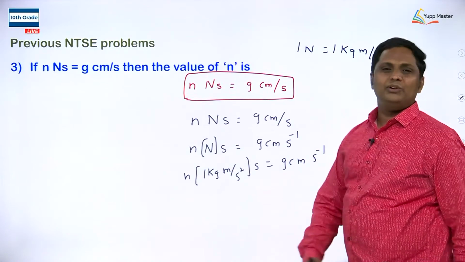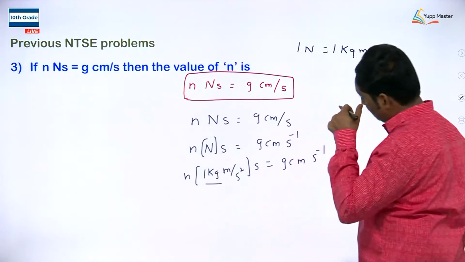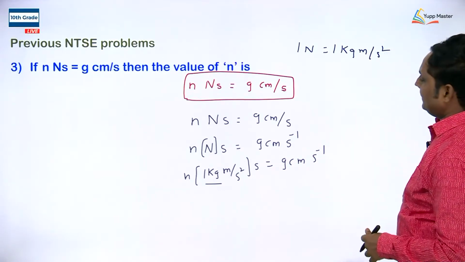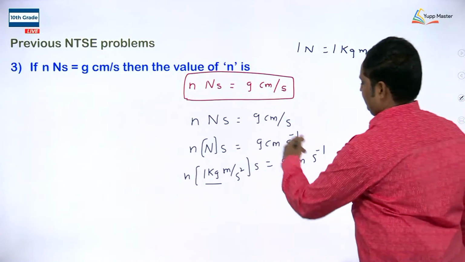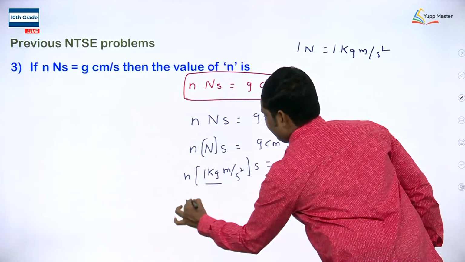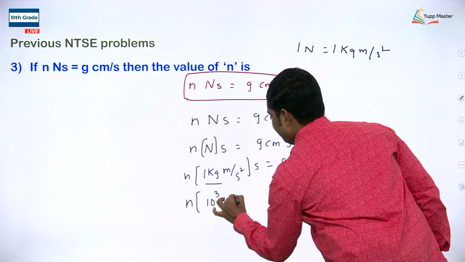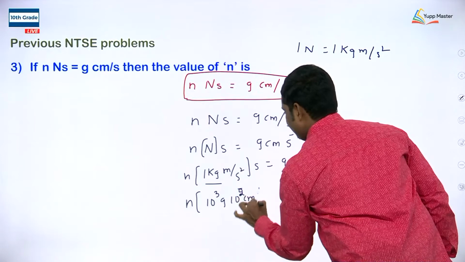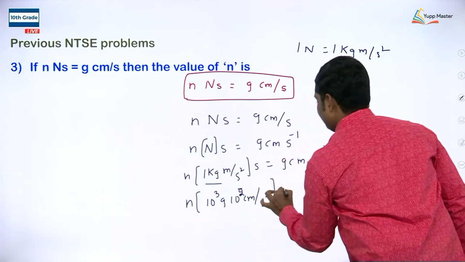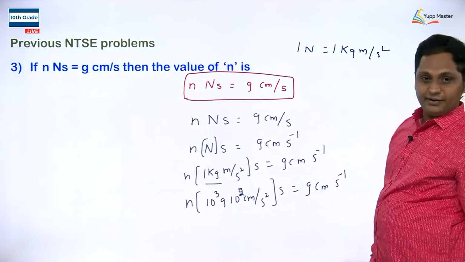Now, you are going to get this, take this one n into 10 to the power of 3 grams, 10 to the power of 2 centimeter per second square into second is equal to gram second inverse, very clear.